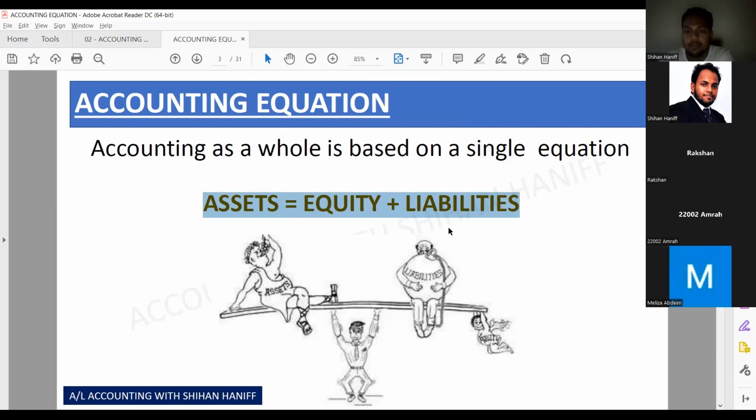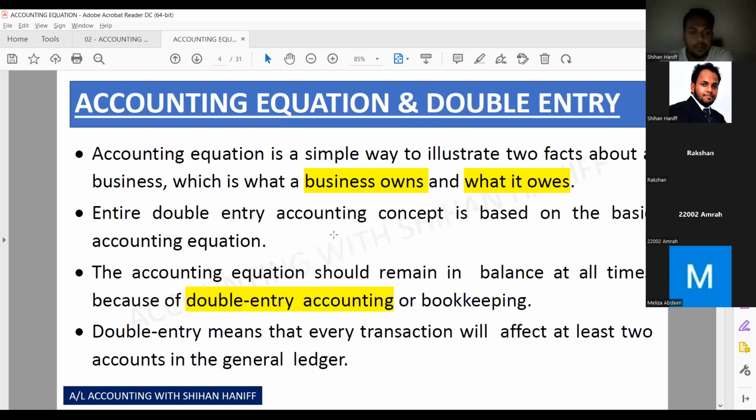Assets equals capital plus liabilities. And the relationship between the double entry. The accounting equation is a simple way to illustrate two facts about a business, which is what the business owns and what it owes. So I've given these points in order for you to understand some important concept points for MCQ. Right? Sometimes you need this knowledge for MCQ questions.